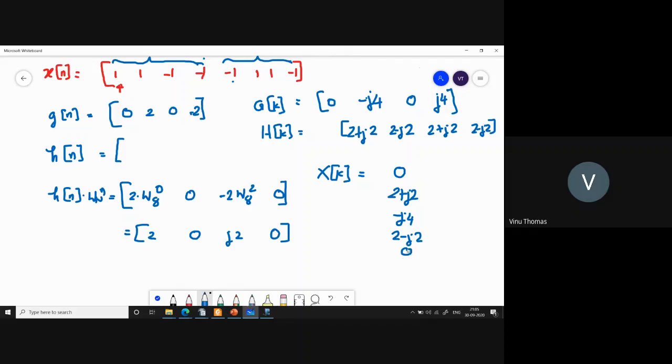The next would be 2 plus j2. The next would be j4. And the last sample would be 2 minus j2. Is it understood? Because we have now interspersed the odd components within the even components. This is X of 0, this is X of 1, because these are the even samples, X of 0, X of 2, X of 4, X of 6, and these are your odd samples, X of 1, X of 3, X of 5, and X of 7.